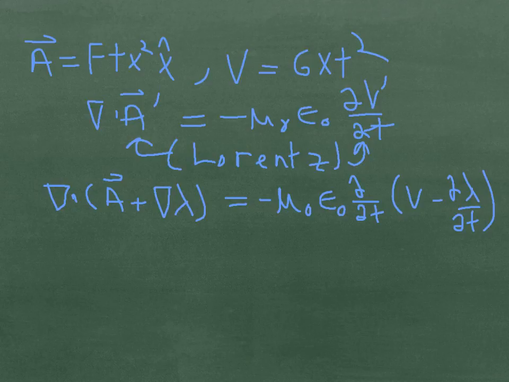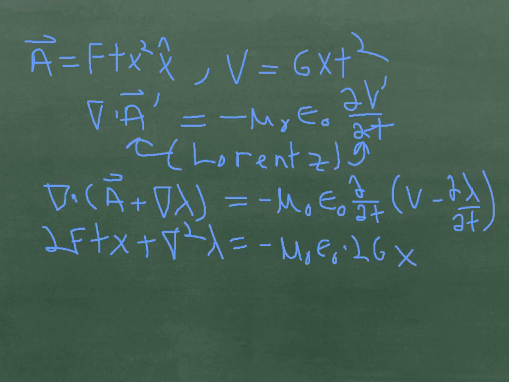If we look at the left-hand side, we have del dot A, so we can plug that in. That's just going to be 2 f t x plus del squared lambda, and this is equal to minus mu naught epsilon naught dV dt, which is 2 g x t, plus mu naught epsilon naught d squared lambda dt squared.